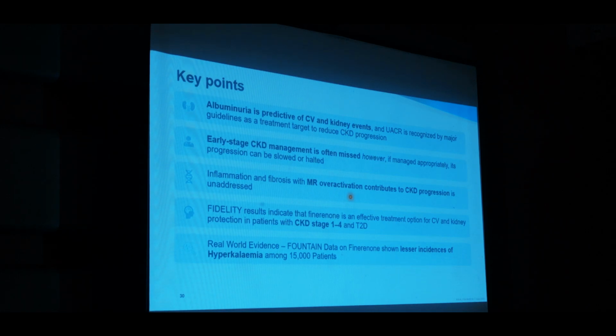So on top of aldosterone antagonists, there is one more molecule which inhibits the mineralocorticoid receptor and has been found to be much more beneficial on top of ACE inhibitors. The FIDELITY trials have shown that in patients with eGFR of more than 25, finerenone gave good CV as well as kidney outcomes. Real world evidence has shown similar results.